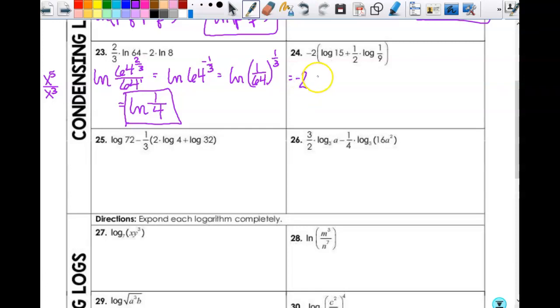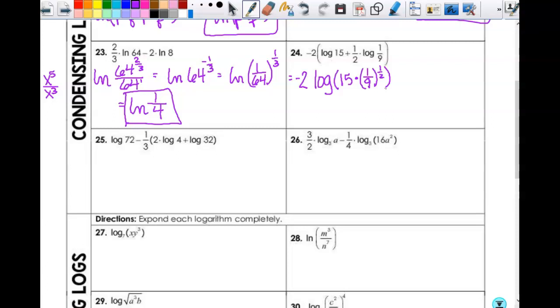And so this will give me the log of 15 times 1/9 to the 1/2 power, right? So what is 1/9 to the 1/2 power? Square root of 1/9, which is 1/3.